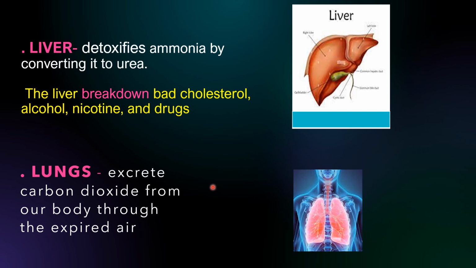Skin, liver and lungs come under accessory excretory organs, because in these accessory excretory organs, real excretion is not happening. Removal of nitrogenous waste is not there. That's why the skin, liver and lungs are accessory excretory organs.